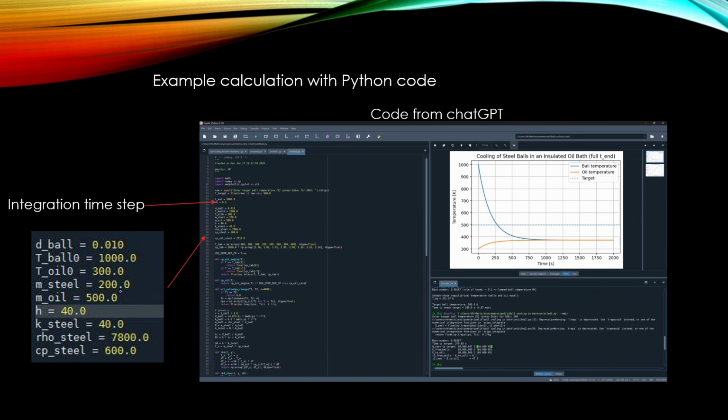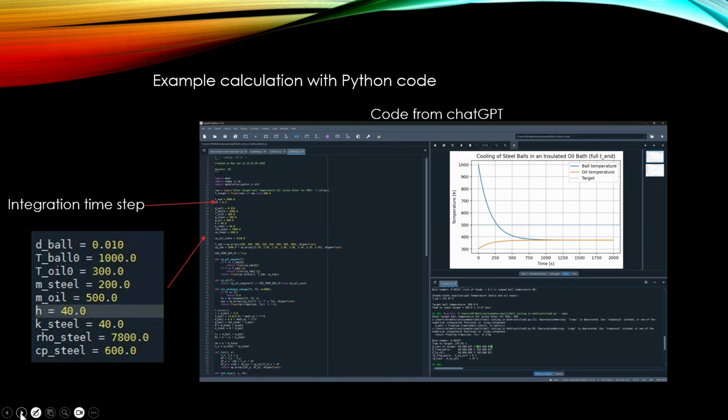And the total mass of balls was 200 kilograms and the mass of oil was 500 kilograms. And I assumed this convective heat transfer coefficient to be 40 watts per square meter kelvin.